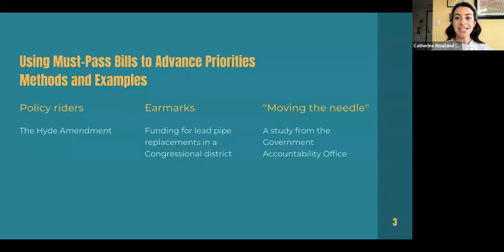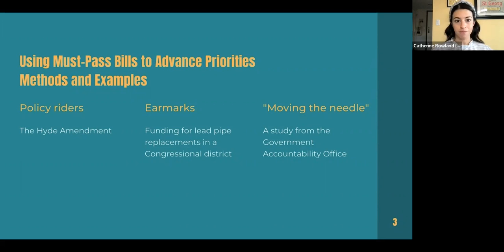However, this does not mean that no progress is possible. A member can offer a narrower version of their policy or pursue another option that moves the needle in favor of their policy, like requiring a study from the Government Accountability Office that could make the case for their policy change. This is obviously a more incremental way to achieve change, but it can be a valuable option when other paths don't pan out.